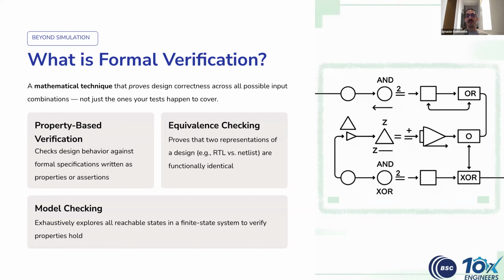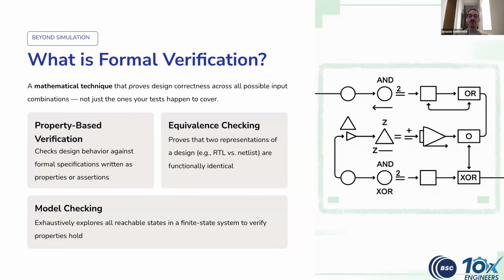For example, if you have a property that says when the bus is in state X, signal Y must always be true, formal can prove that this property holds for every possible input sequence. It doesn't just sample the design space, but instead it covers the whole thing. This is a game changer for safety critical logic, for example, the airbag controller of a car.